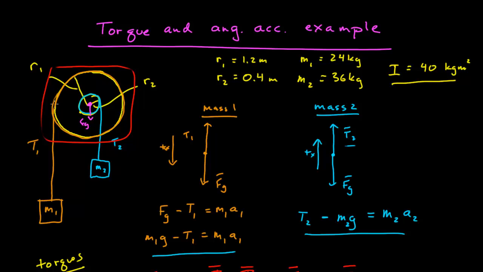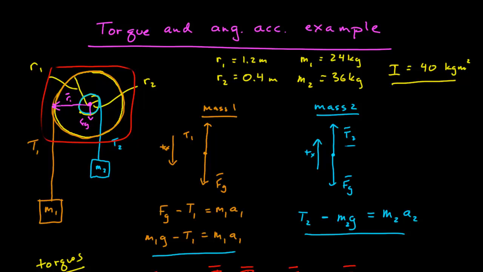Tension 1 comes in and makes contact with the pulley at essentially this horizontal line, because this is the point where it leaves. So this tension makes contact right at this point on the pulley. And so the magnitude of this R1 vector is just the outer radius of the pulley, R1.